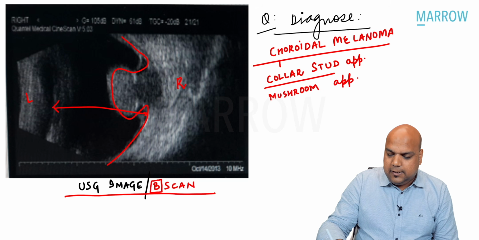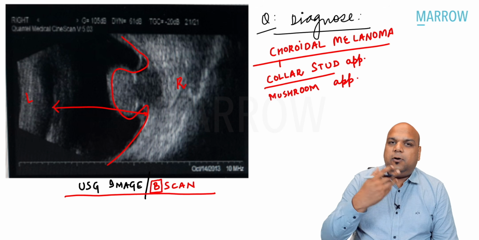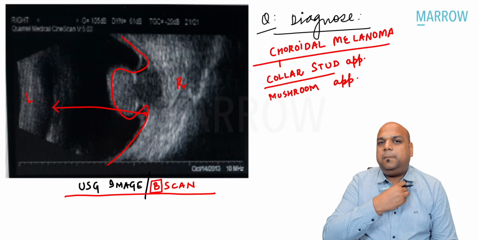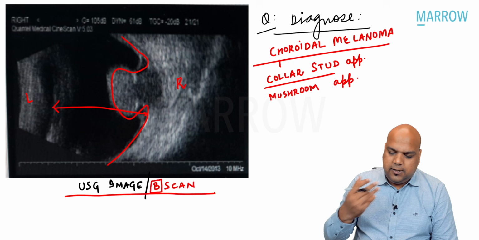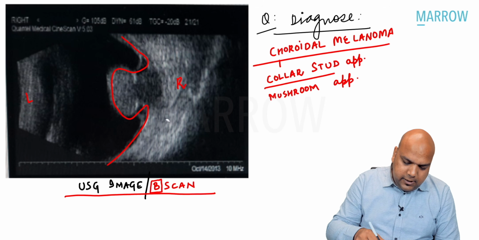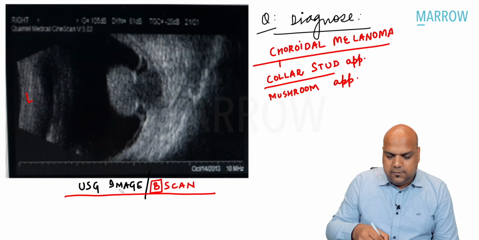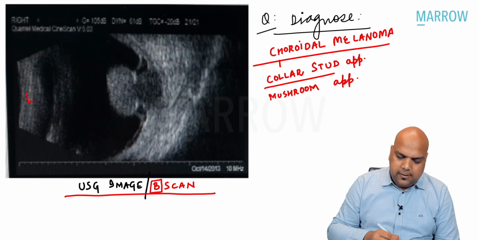Collar stud is that pin that a lot of people put in their blazers to show off their designs, or it can be called a mushroom appearance. So both are same. Now I hope you can clearly see a collar stud, a button kind of thing, or a mushroom shape here.